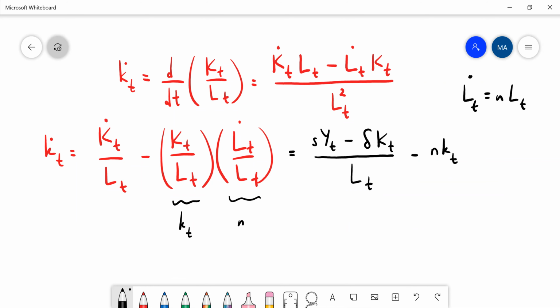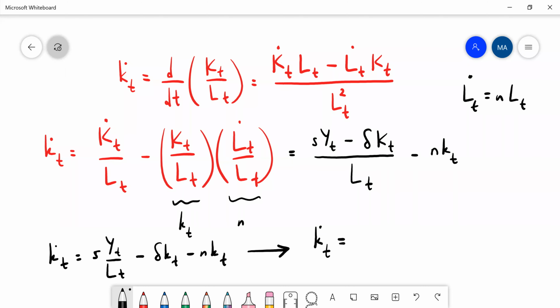So if I proceed by replacing the terms, I have s times Y_t over L_t minus delta k_t, right? And minus n k_t. So finally, if I replace Y_t over L_t, I realize the dynamics of the capital stock per worker is very simply this.